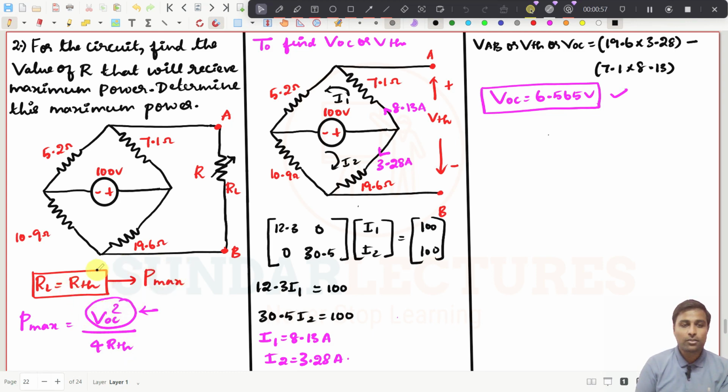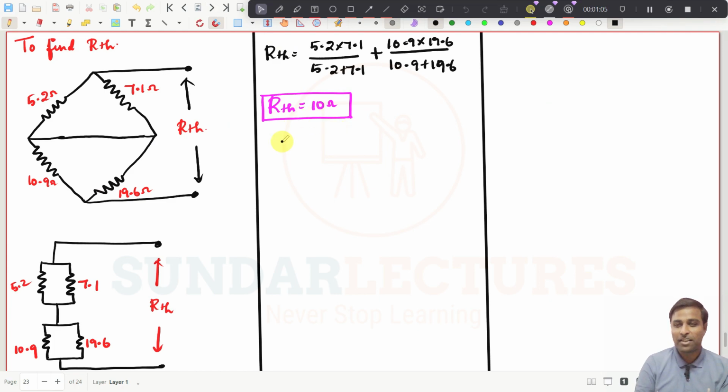So now we have found RTH and the value of VOC. If P should be maximum, what should this load resistance R be? That should be equal to RTH. So for P max, the value of R should be equal to 10 ohms. That is the first question.